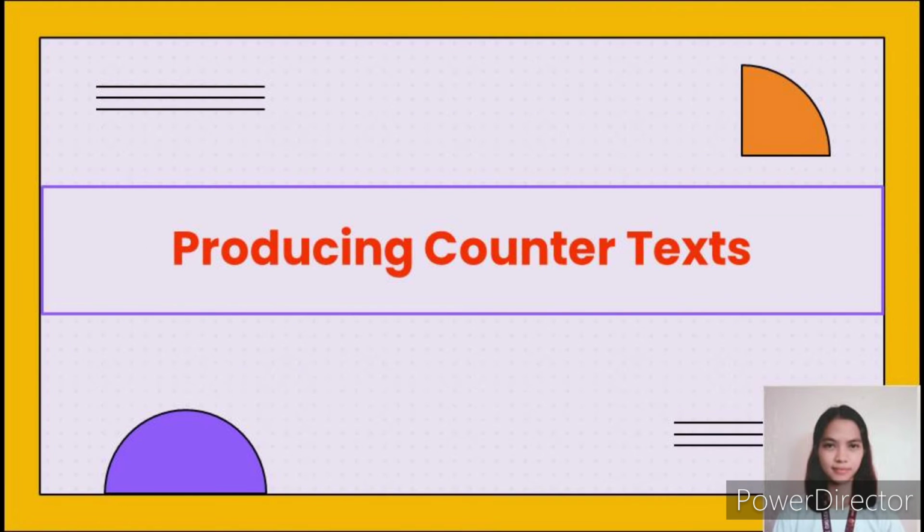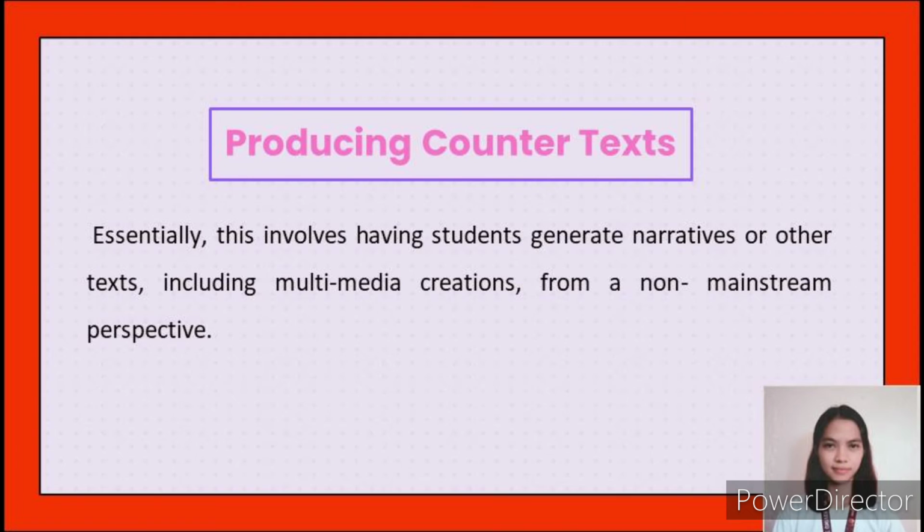Producing countertexts. Another common practice found in classrooms that promote a critical literacy involves having students produce countertexts. Essentially, this involves having students generate narrative or other text, including multimedia creations, from a non-mainstream perspective.